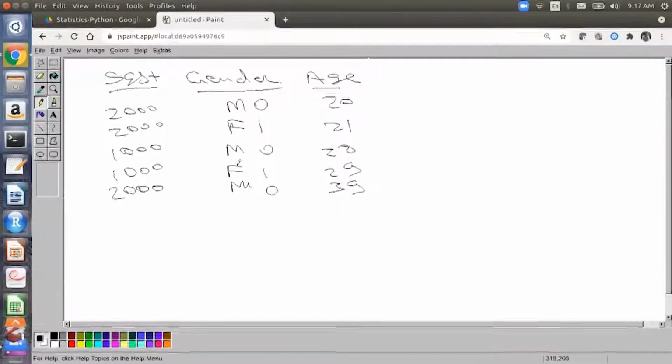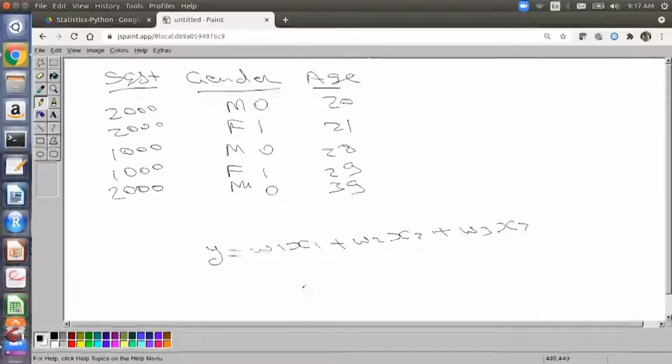Now when you build a model, I'll give you one simple regression equation: W1 x1 plus W2 x2 plus W3 x3, where X1, X2, X3 are square feet, gender and age. Now tell me, can I do this mathematically? Can you perform the operation on square feet, gender and age?